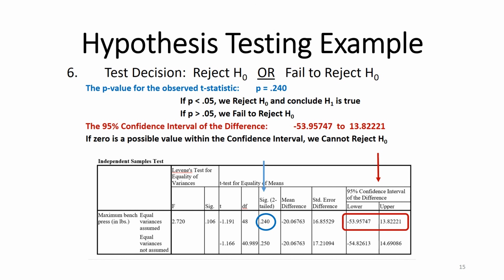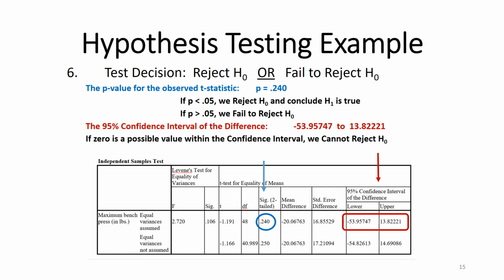Why is that? If your p-value is less than 0.05, it's saying that your observed t-statistic is so rare that it's out in those far rare corners of the distribution, and therefore you can reject the null hypothesis. On the other hand, if your p-value is greater than 0.05, that means your t-value falls into the common area and you fail to reject the null hypothesis.